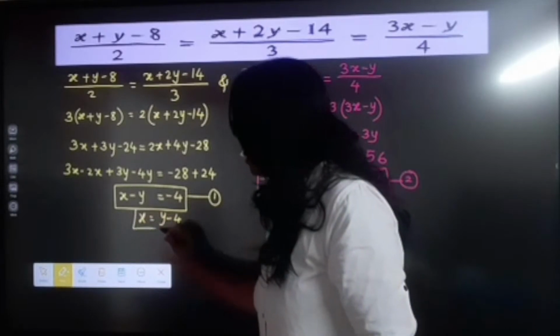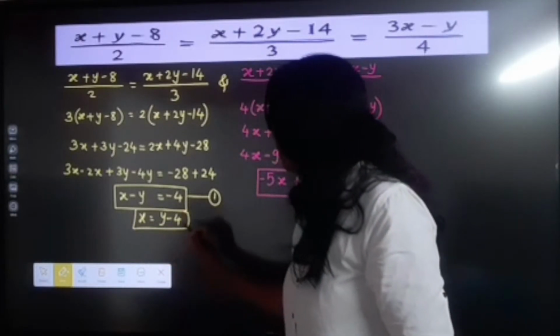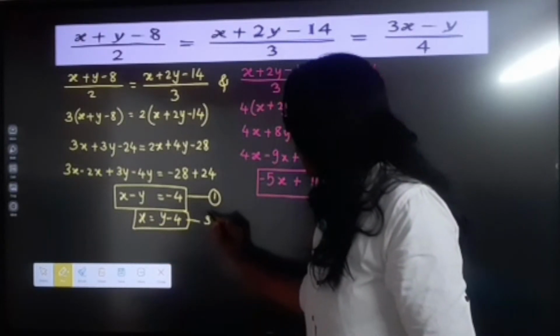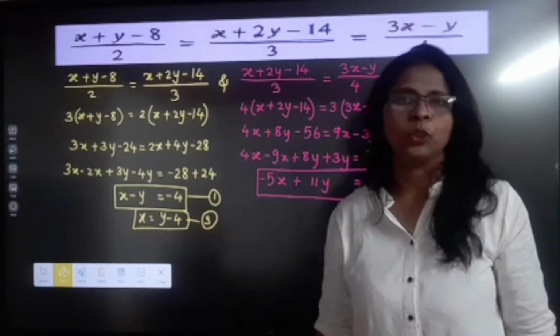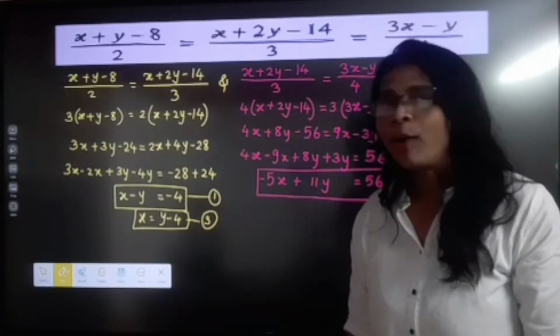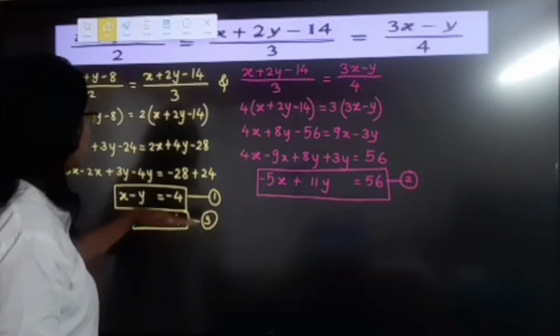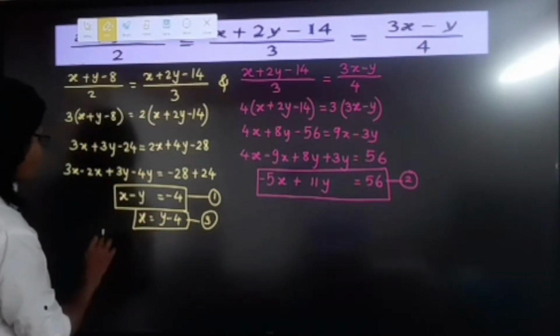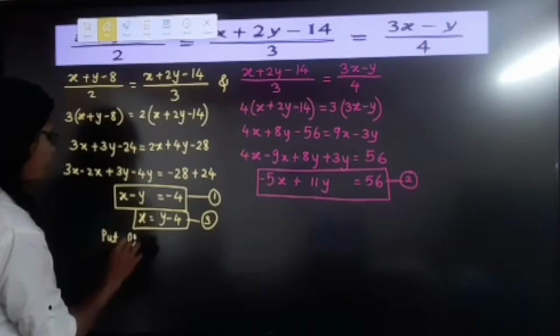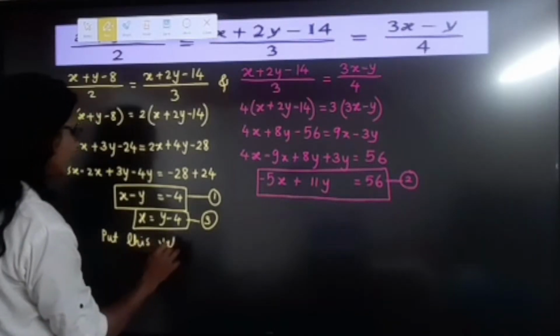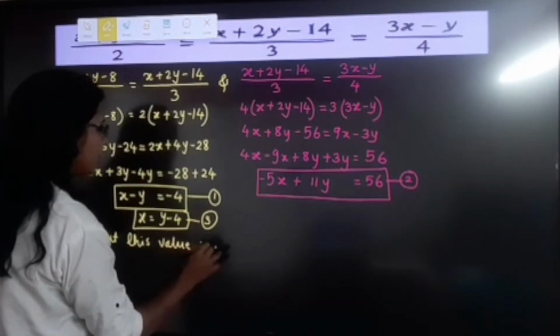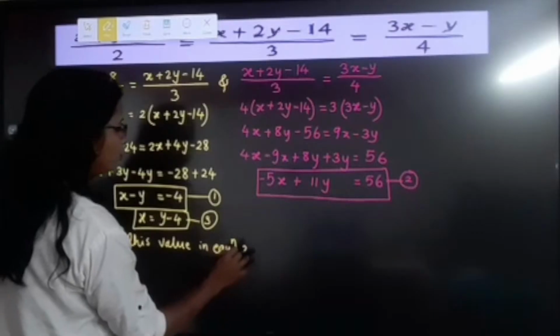I call this the third equation. Now with the substitution method, put this value in equation 2.